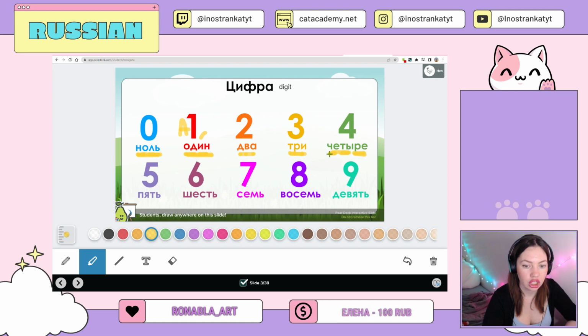Четыре, четыре. We stress the letter Y. Четыре, четыре. And again, with letter Y, we have the very same rule as with O. If it is not stressed, we pronounce it as letter E. Будь здоров.